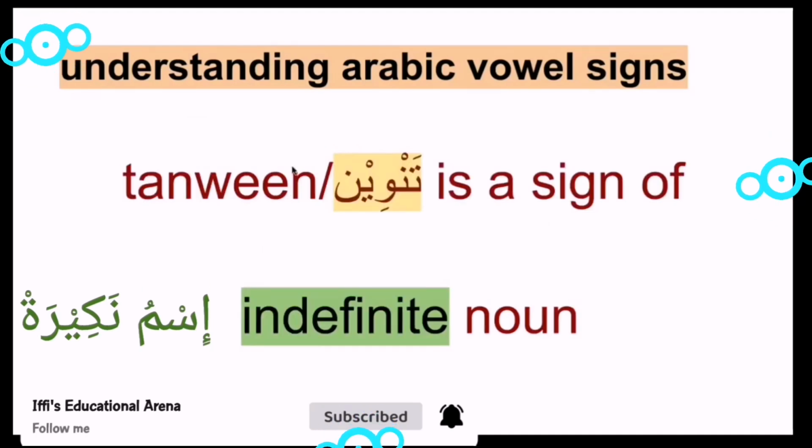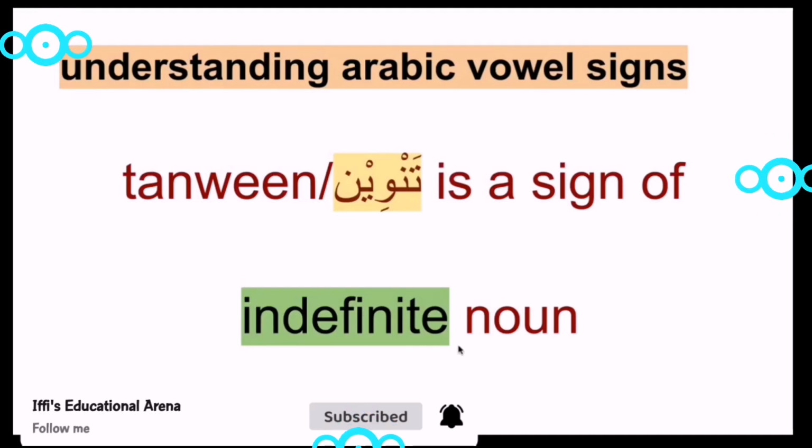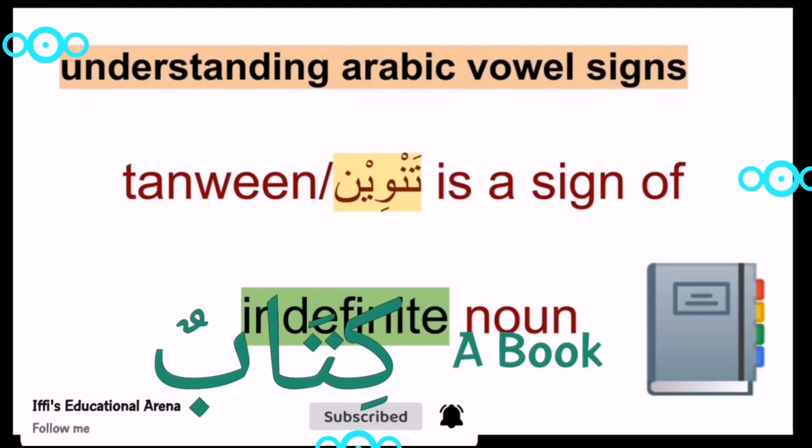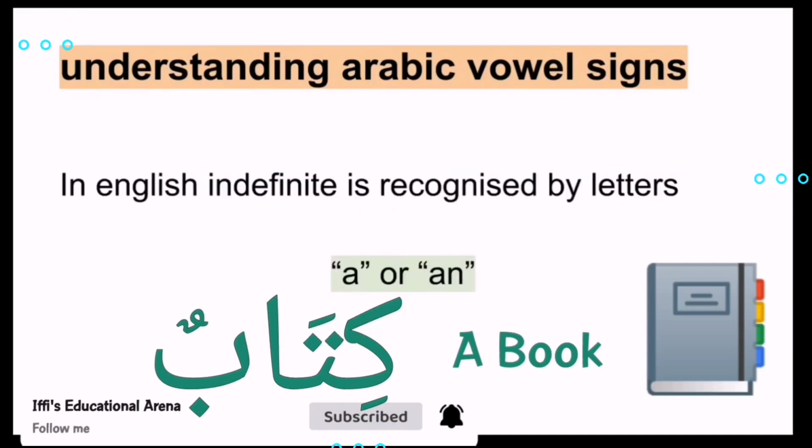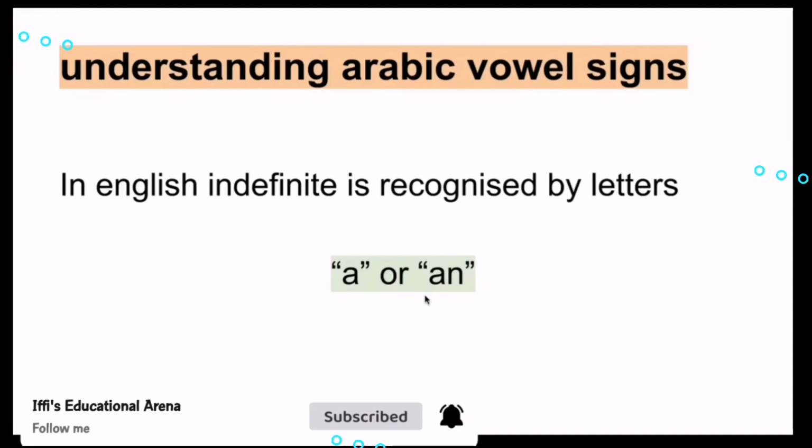So whenever you see a tanween on a noun, double fatha, double dhamma, or double kasra, it is a sign of an indefinite noun. How do we recognize what is indefinite in English? We have a or an. We say a book, a pen, or an apple. It's just indefinite. It could be any book, any pen, or any apple.